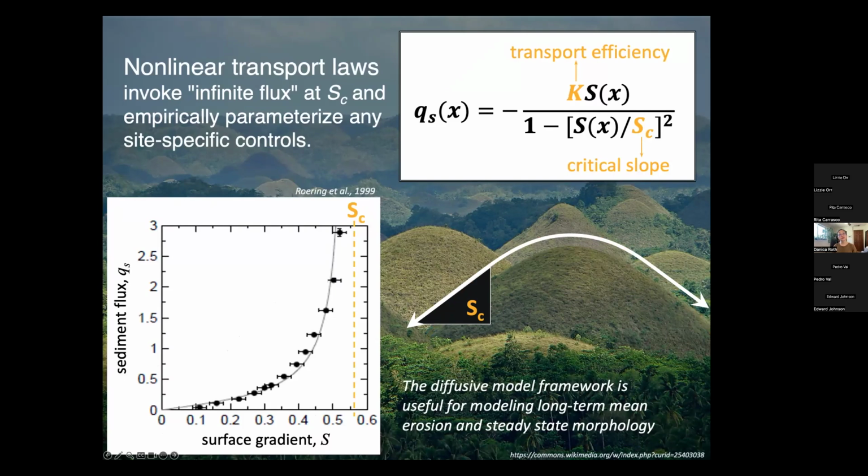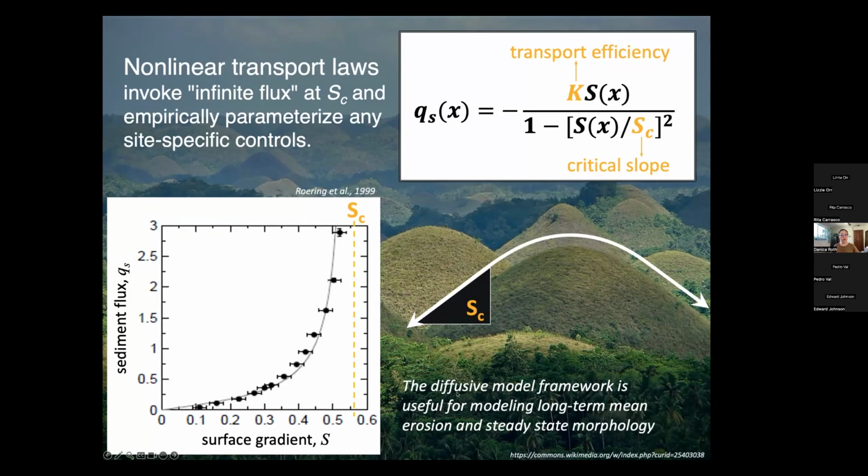So a more realistic approach to modeling this kind of landscape is a nonlinear flux law, which invokes an infinite flux or asymptotic behavior in sediment flux as a function of surface gradient, so that as slopes approach a critical value, the fluxes approach infinite rates.